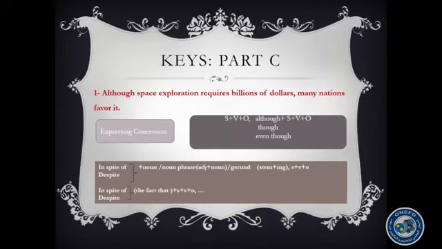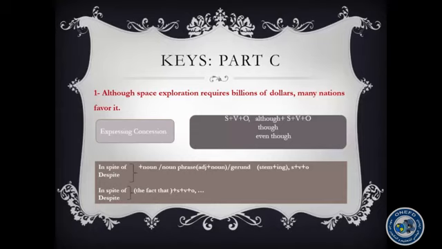Let's revise. I said we can use in spite of. I gave you two examples. The first example is in spite of space exploration requiring billions of dollars, many nations favor it. And the second example is in spite of requiring billions of dollars, many nations favor space exploration.